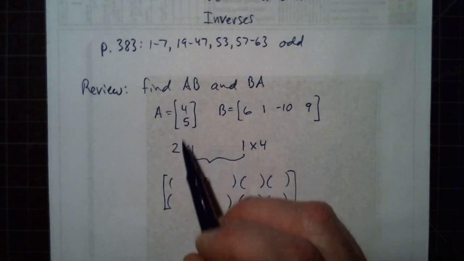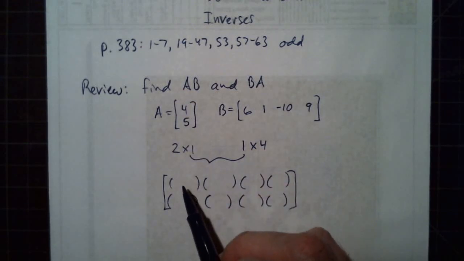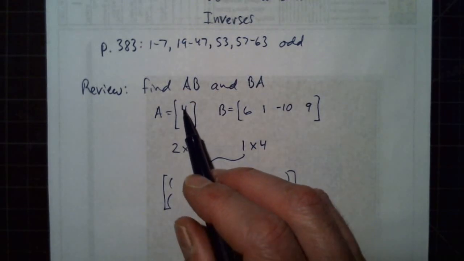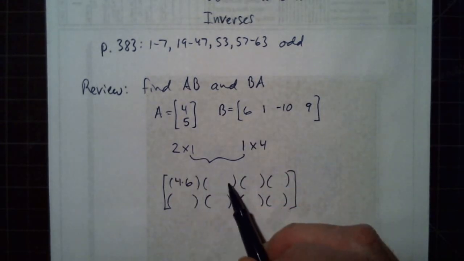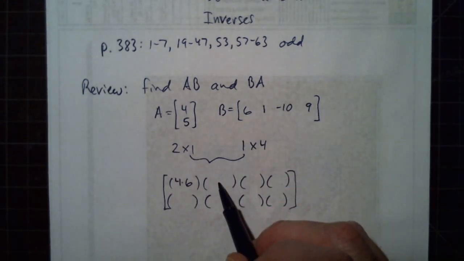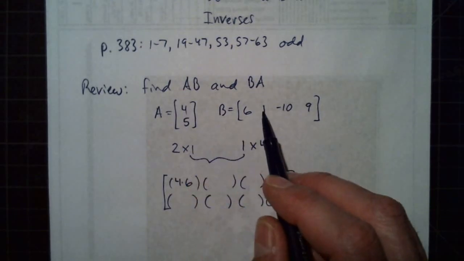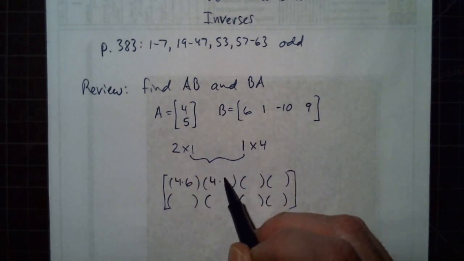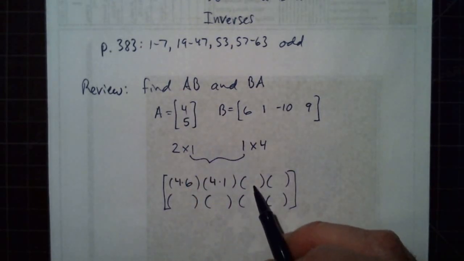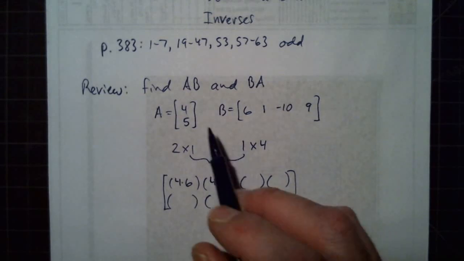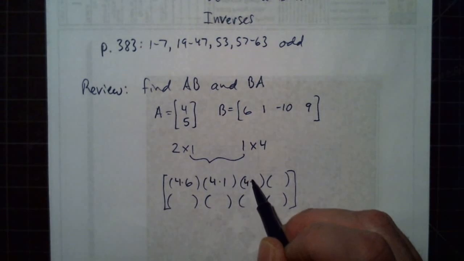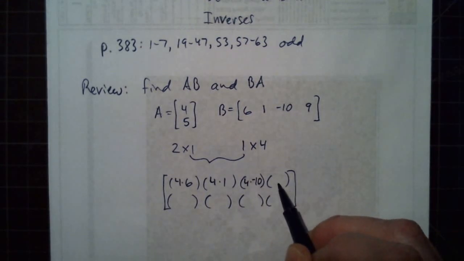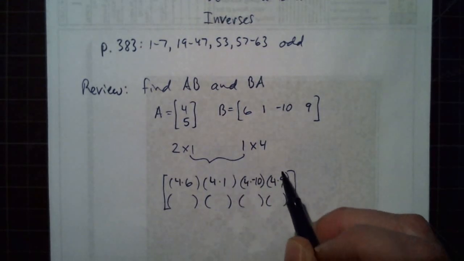So to find row 1, column 1, we multiply row 1 times column 1, 4 times 6. This is row 1, column 2, row 1 times column 2, 4 times 1. Row 1, column 3, row 1 times column 3, 4 times negative 10. And then we get 4 times 9.